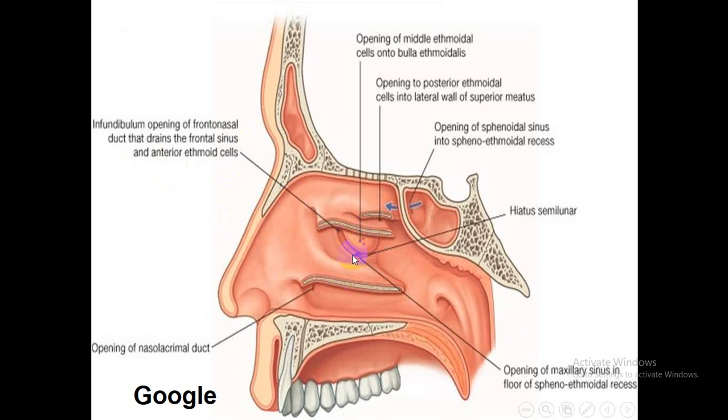Above the hiatus there is a rounded prominence called the bulla ethmoidalis, caused by the bulge of the underlying middle ethmoidal sinus, which opens in its upper part. So the middle ethmoidal sinus opens at the bulla ethmoidalis.